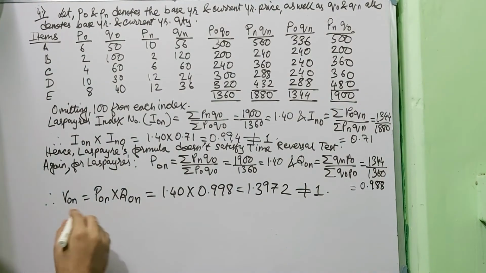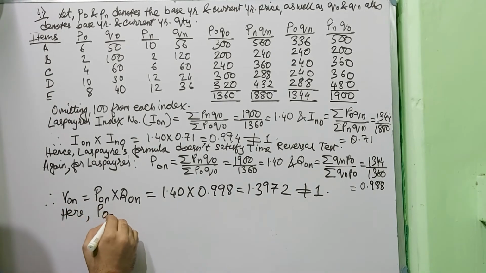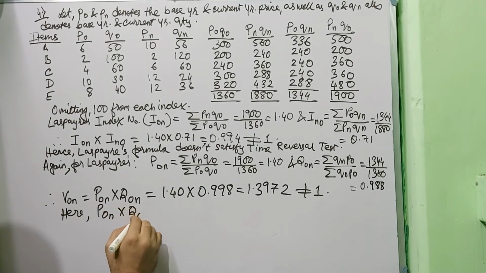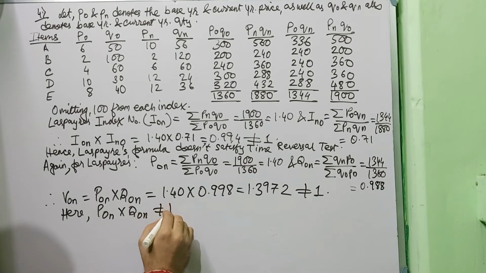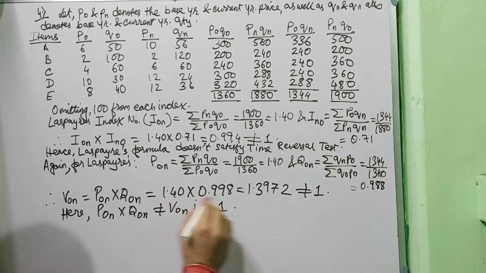So here P0n into Q0n does not satisfy V0n, that is 1.